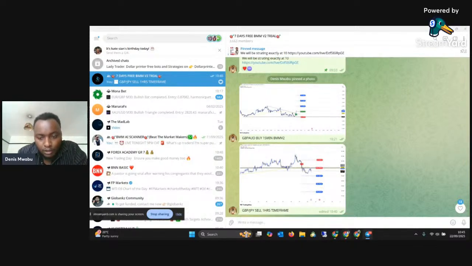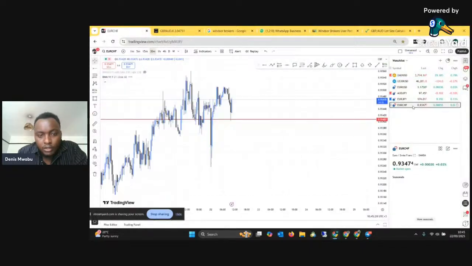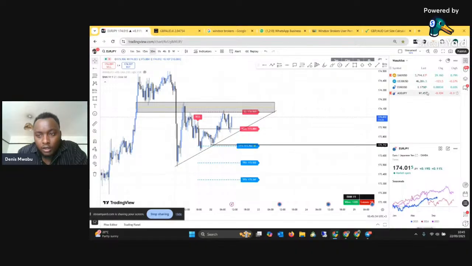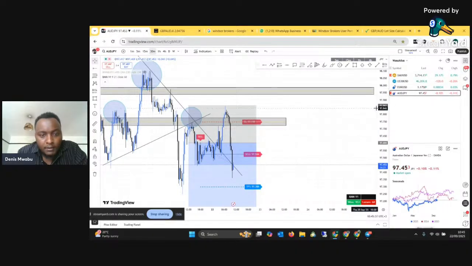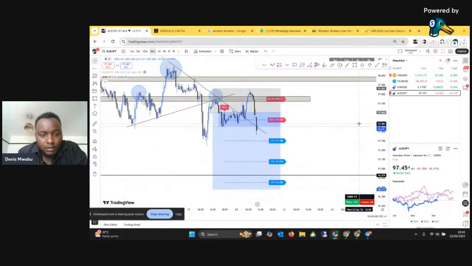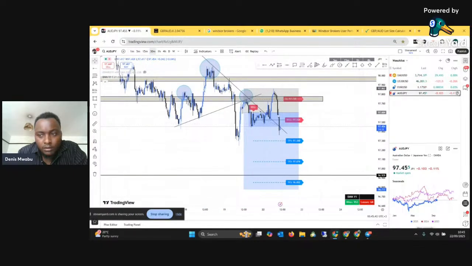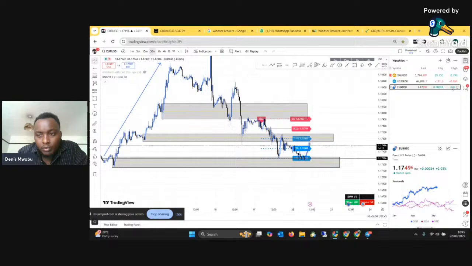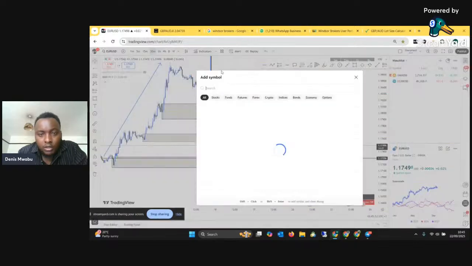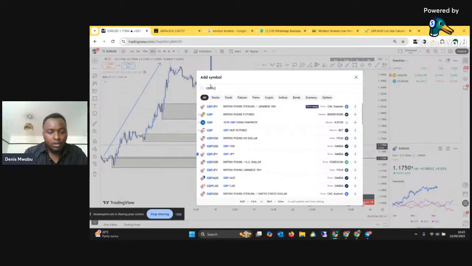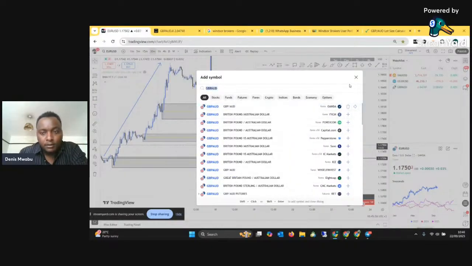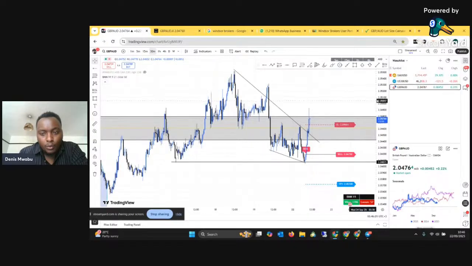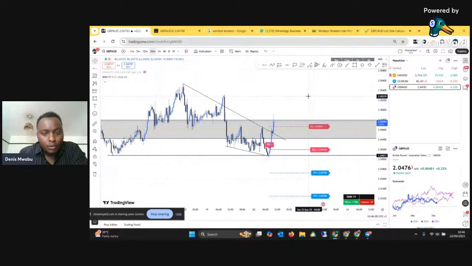GBP AUD. So all the trades I usually take, I usually make sure I've put them here on my watch list so that we can be able to see the Euro USD we were taking a look at. So GBP AUD. Here we are.